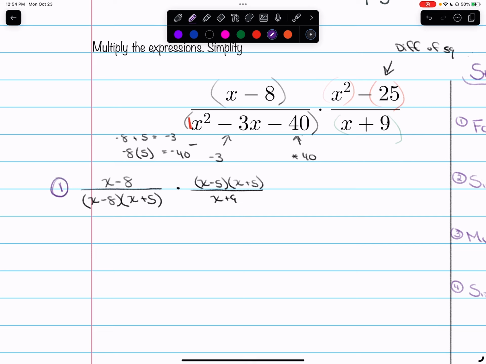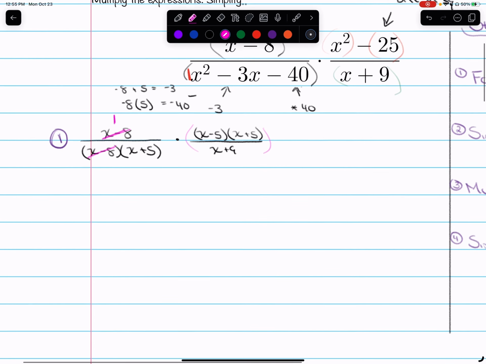Okay? Step 2, we're going to take each fraction individually, and we are going to simplify it, cancel anything out that we can. Okay? So for my first fraction, I have an x minus 8 on top and an x minus 8 on bottom. Okay, remember, if you cancel everything out of your numerator, you're still left with a 1 on top. Okay, don't think that it just magically goes away. For our second fraction, there's nothing here that's in common with both the top and the bottom, so we're going to leave it alone.